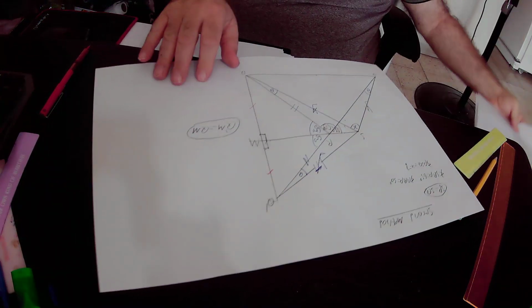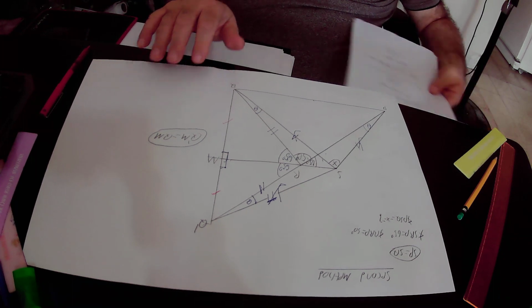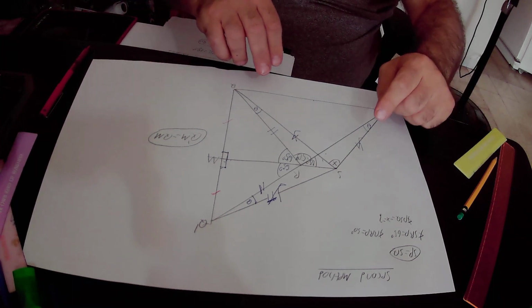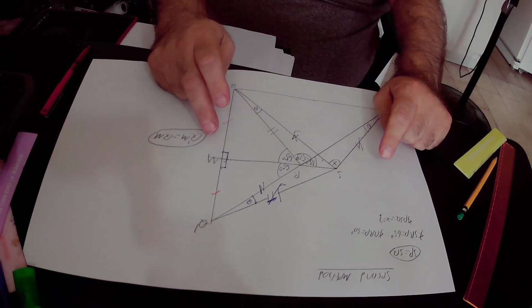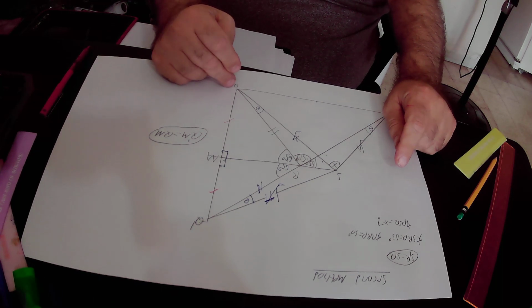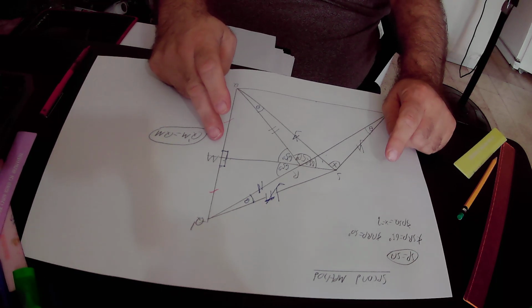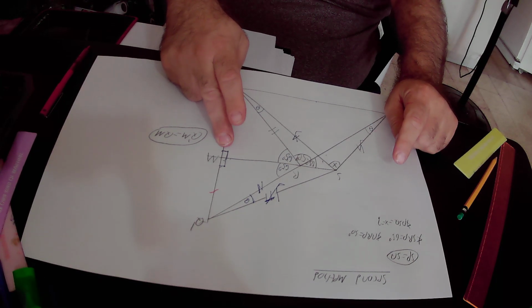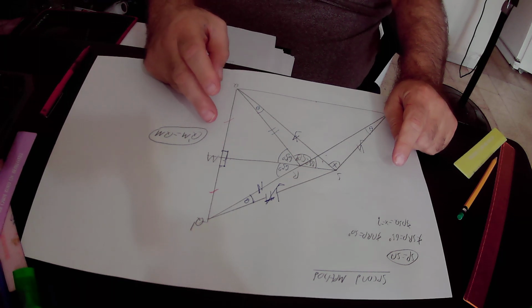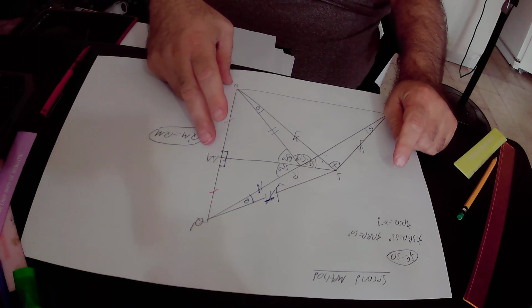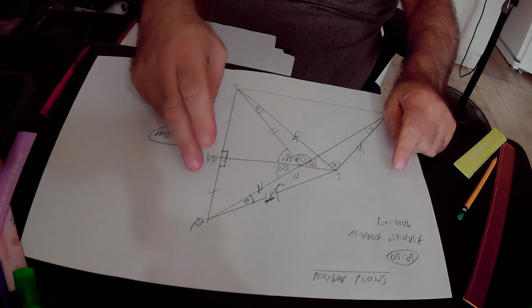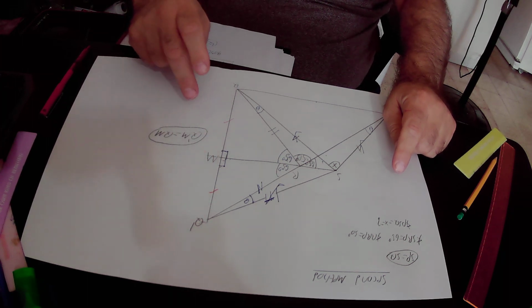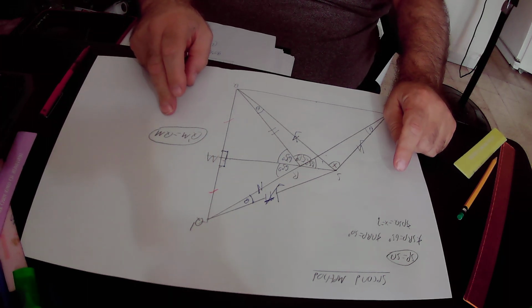According to the second method, we extended SR, and then from point Q we drew a perpendicular to the extended SR, so this angle is 90 degrees. Then we extended QM in such a way that Q dash M equals QM, according to our construction.